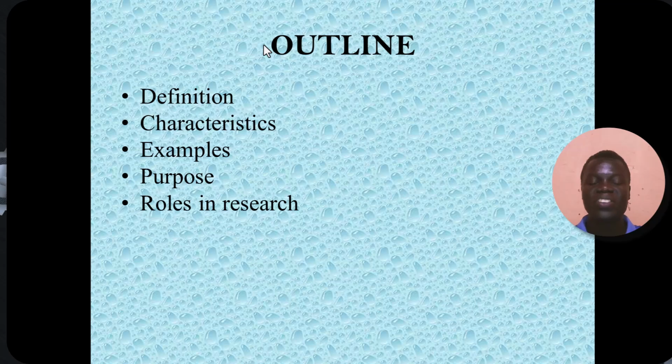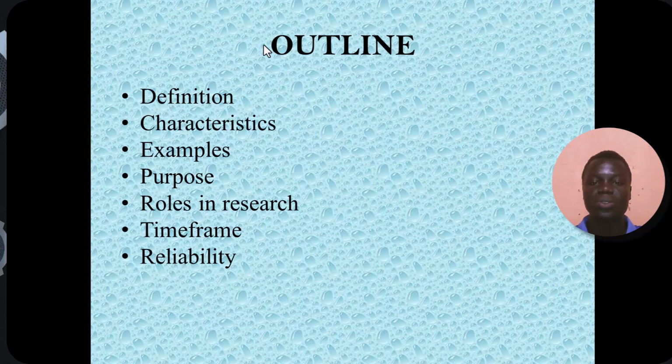We shall look at the time frame, when this secondary source of information is gotten, and its reliability, how reliable it is, and as an information literacy student, how useful it is to your research.